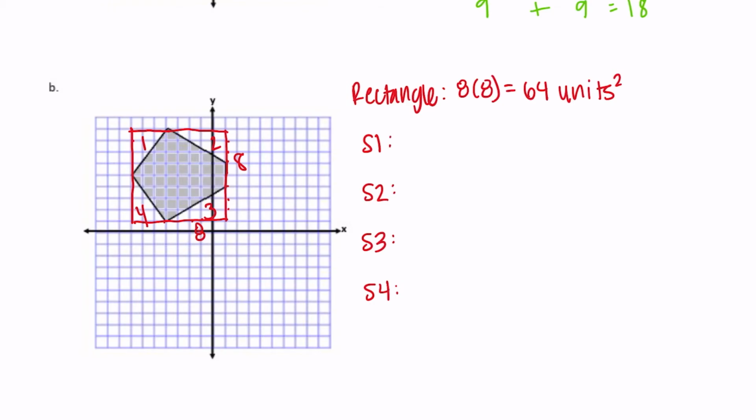So shape 1, the height is 4 and the length is 3. So 1/2, 4 times 3, or half of 12, is 6 units squared. Shape 2 is also 3 by 1, 2, 3, 4. Oh, maybe 5. 1, 2, 3, 4, 5. Yep, 3 by 5. Or half of 15 would be 7.5.